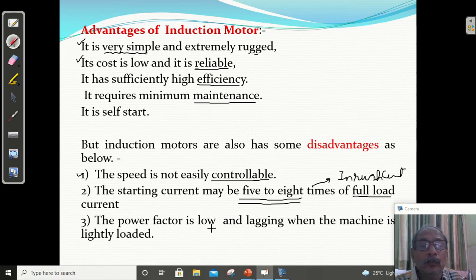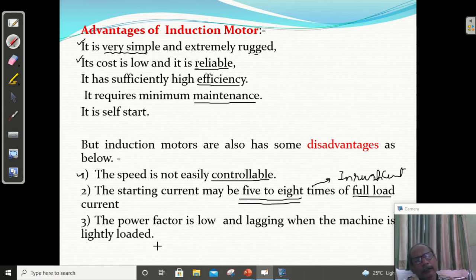The power factor is low and lagging when the machine is lightly loaded. Means power factor of induction motor will always be lagging first, and if it is lightly loaded, or we can say if you are running the machine at no load, the power factor will be very less, around 0.15 to 0.25, less than 0.25. और जैसे जैसे लोड करोगे power factor will increase, and at full load it may become approximately 0.8 to 0.85, but at no load it is very less.